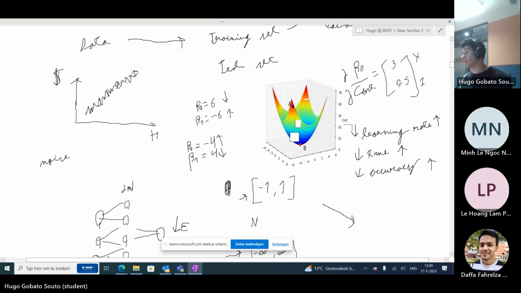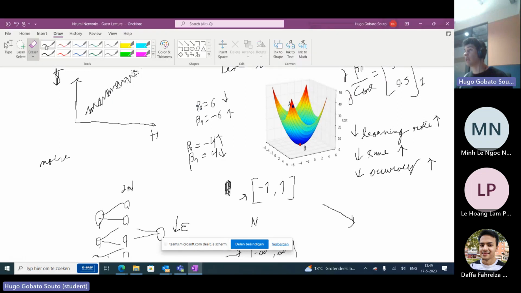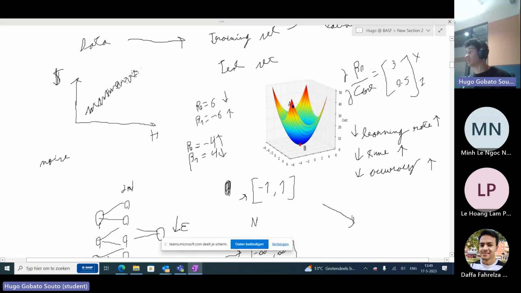So we have this graph, right? Without normalization, we would start here in A, or we have the chance of starting in A. If you normalize the data, you will start below this line that I just drew. So you will start here, for instance, for sure. So it makes the learning faster.